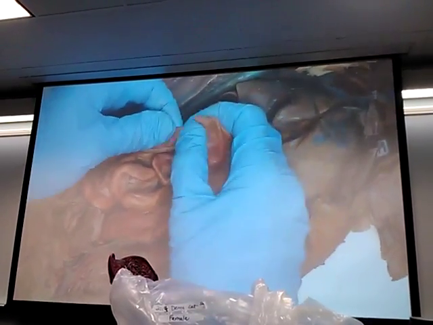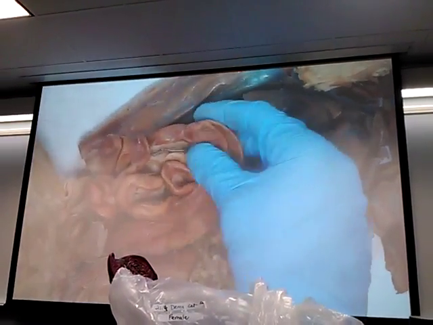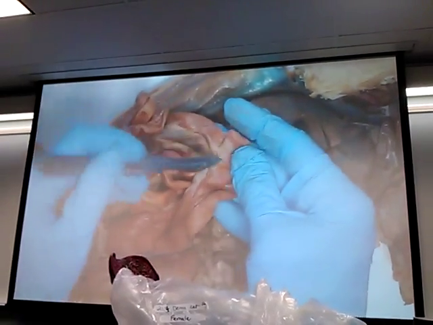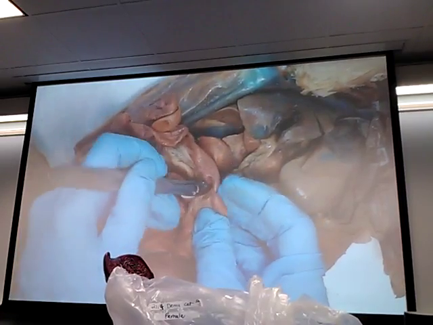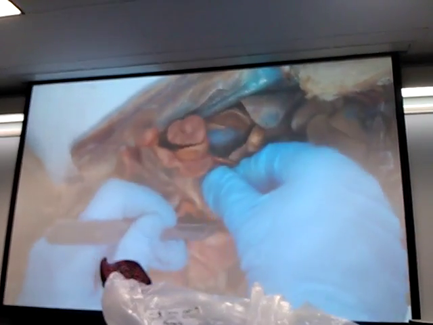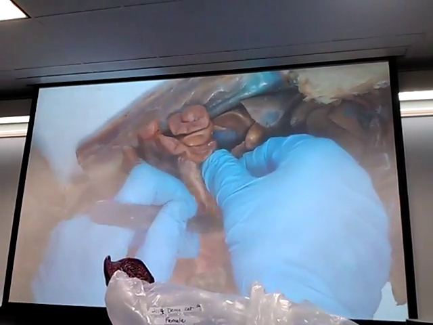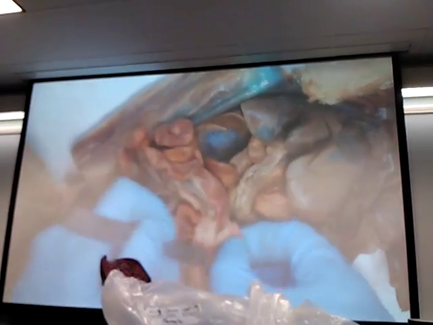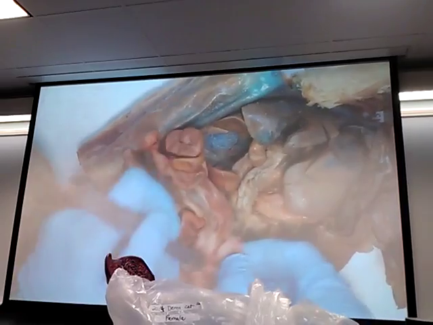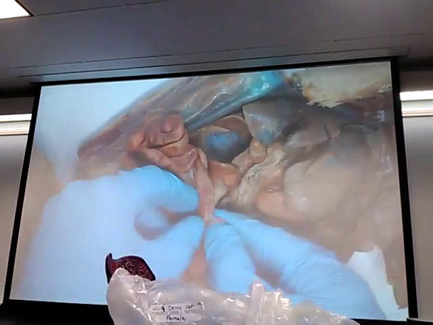Now the ileocecal valve, I'm going to take a slice right at that junction where the two come together. So I'm going to slice part way into the wall of the ileum and then part way into the wall of the cecum. Open it up.